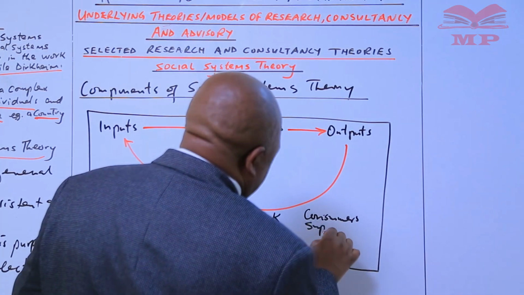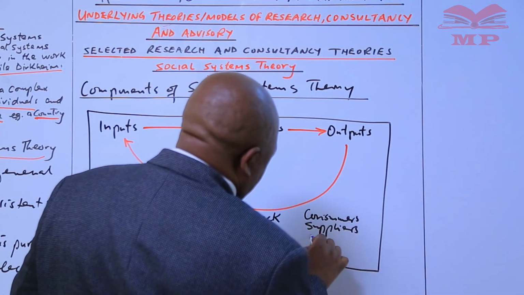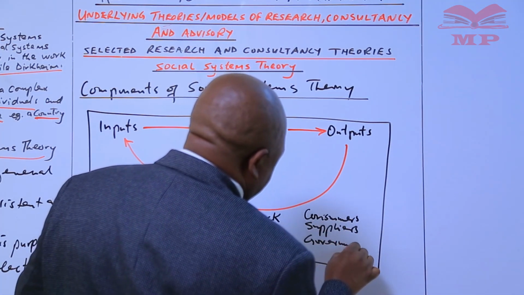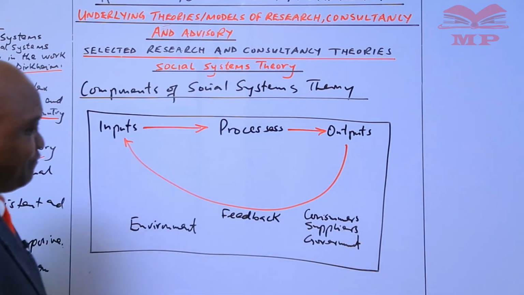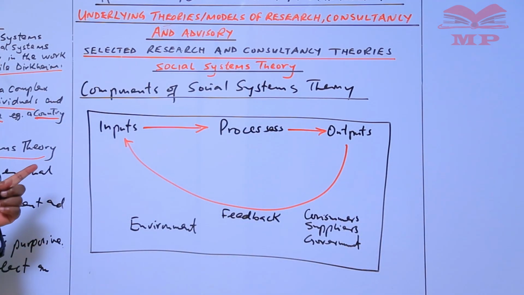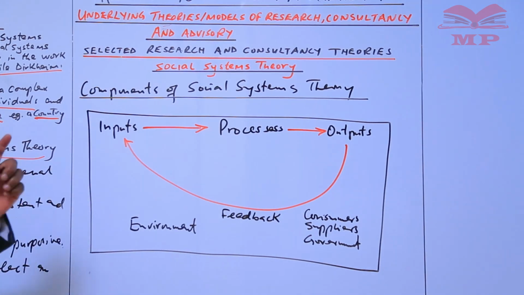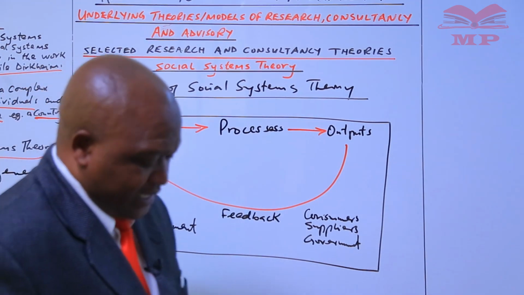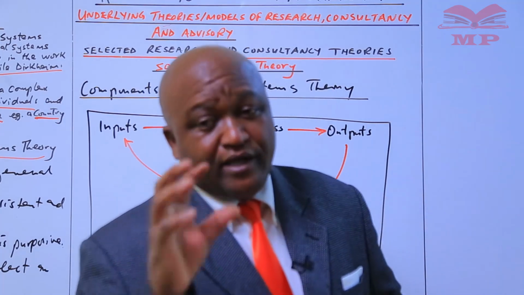You have suppliers. You have, for example, government, among other members. So you have inputs, processes, outputs, feedback, and then you have the environment within which the social system operates. And this is typical for any organization.